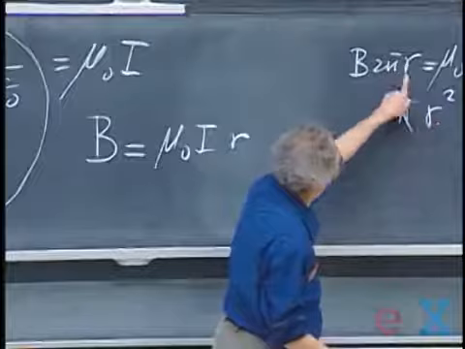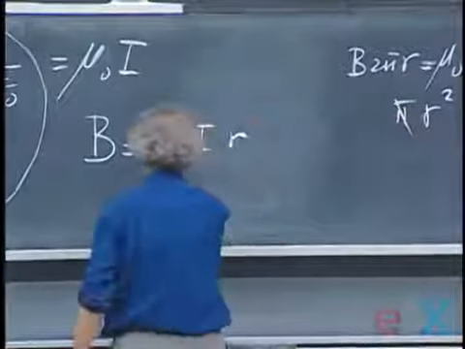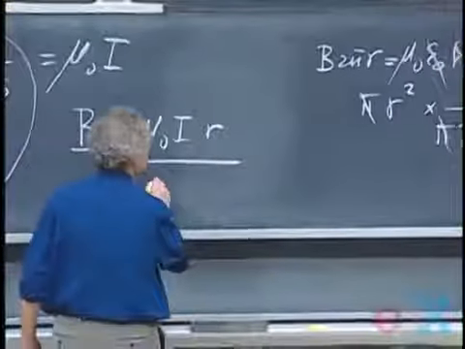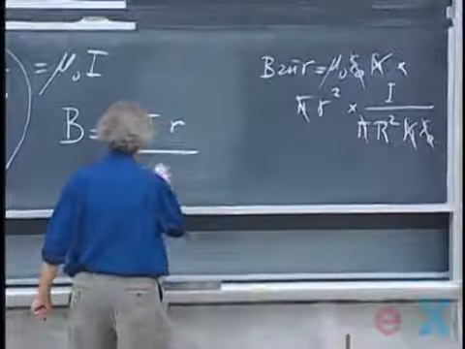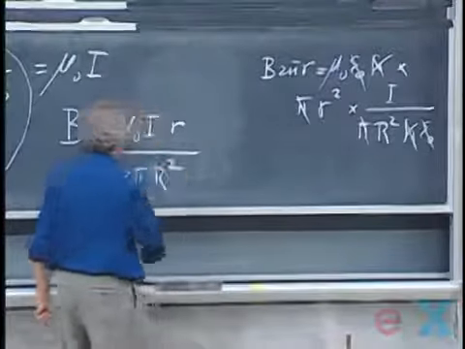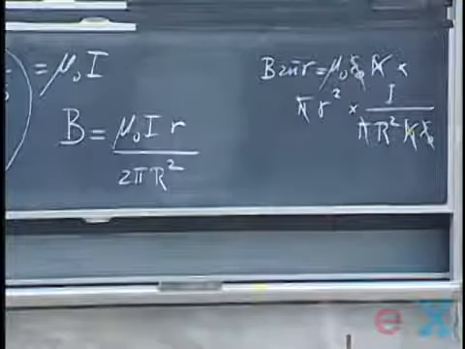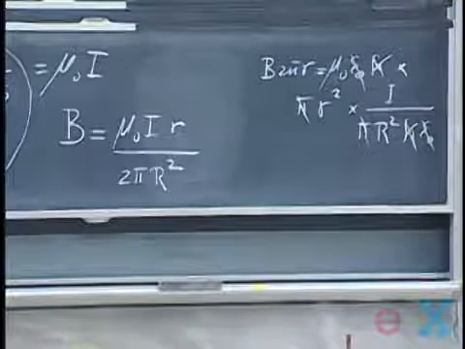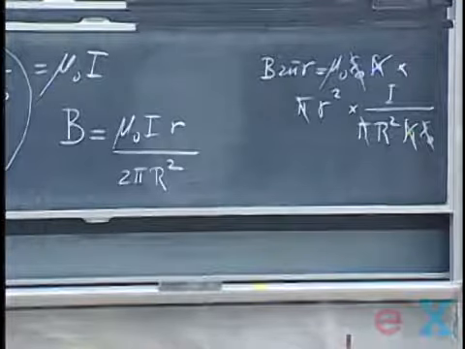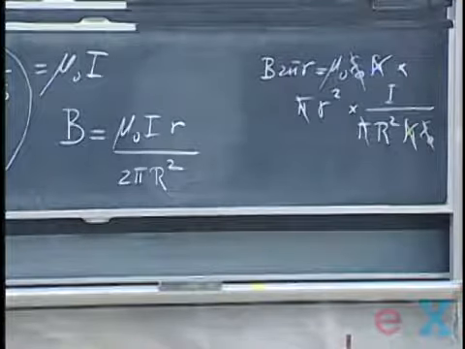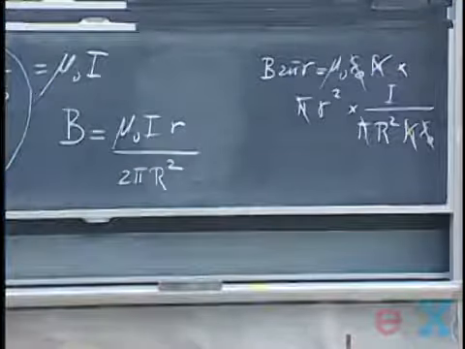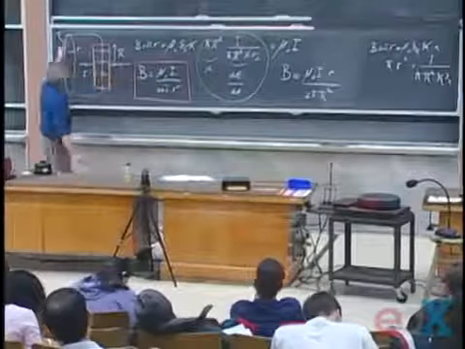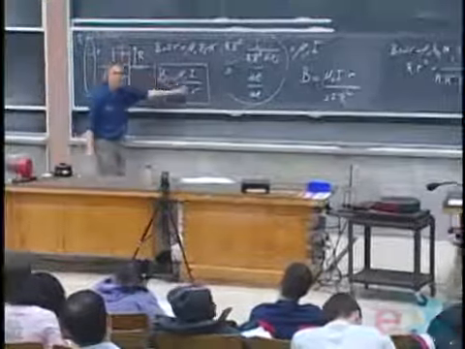You see, you have r squared here and you have r here. And downstairs, I get 2 pi, and then I get a capital R squared. And I believe that's correct. Let me check my notes. And yes, I'm happy with that. And this is proportional with little r, whereas here, falling off as 1 over r.